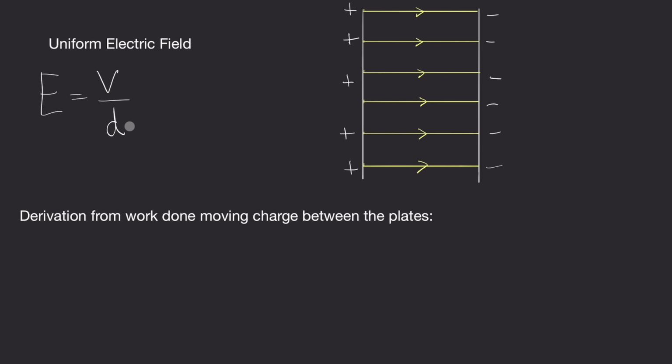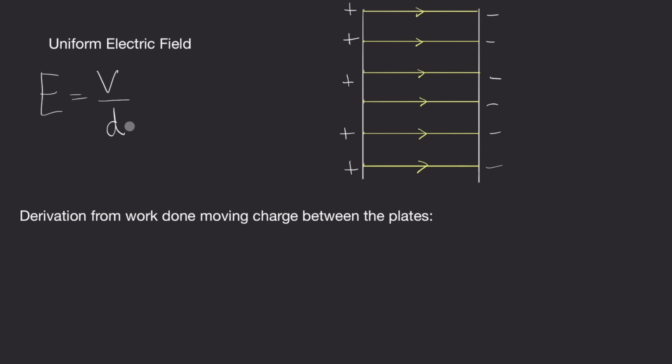We can rearrange this a little bit, and we can say that delta V over d, basically I've just brought the distance onto the left-hand side, and I'm going to bring the charge from the left-hand side onto the right-hand side, will be equal to F divided by Q. However, force divided by charge, or the force per unit charge.